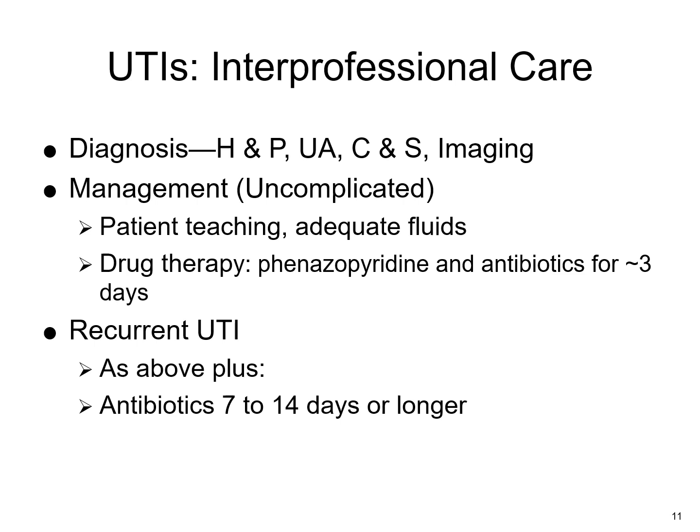All right, so for the diagnosing, it's just an aggressive history that they're doing once again. For the uncomplicated, this is just the bladder that's involved here. So patient teaching, adequate fluids, drug therapy as needed. For the recurrent UTIs, they're doing some of the things that we mentioned above, and then the patient may end up needing antibiotics for 7 to 14 days or longer.